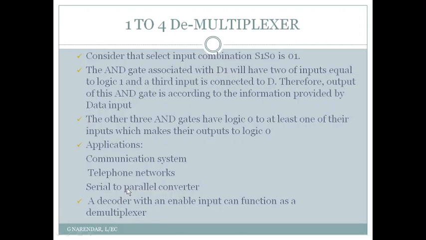If there is a single communication channel, a transmission channel, and the data has been transmitted serially from the source to the destination, then at the destination side you have to convert the data back from serial to parallel, and this serial to parallel conversion can be achieved by using a 1 to 4 demultiplexer.